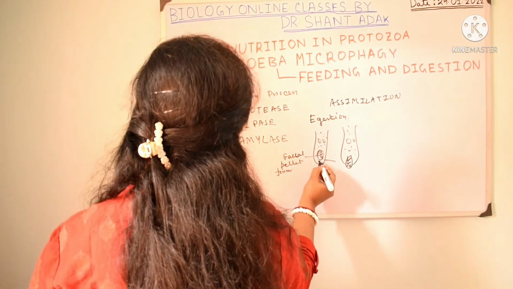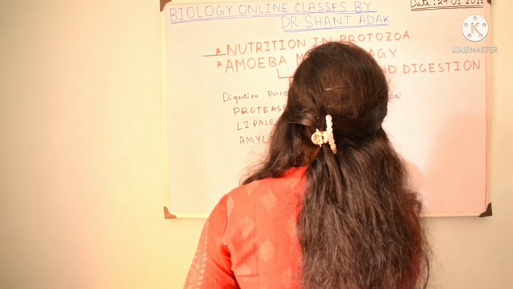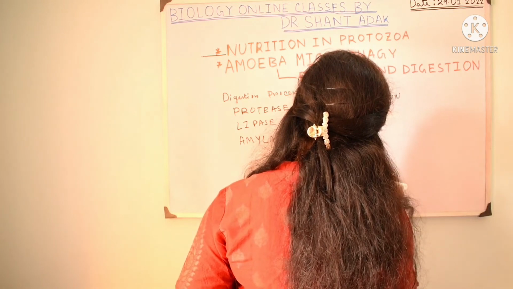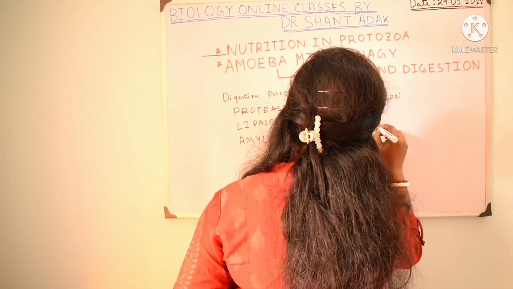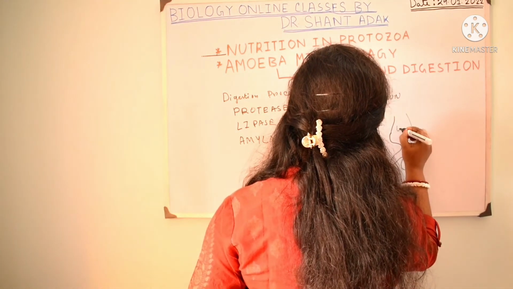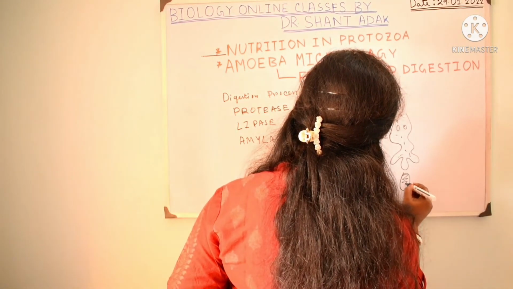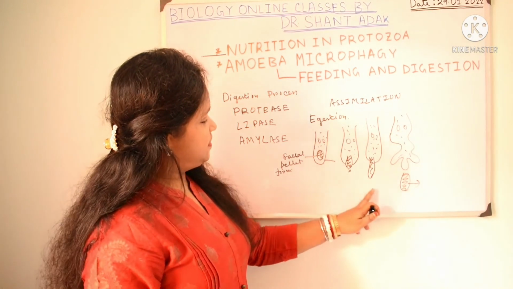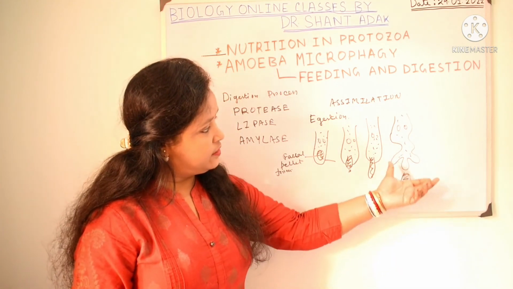Fecal pellet inside, then some part emerges out, and finally it is separated and the fecal pellet is expelled out. So this is the step by step egestion process, fecal pellet forming and expelled out from the body of the amoeba.